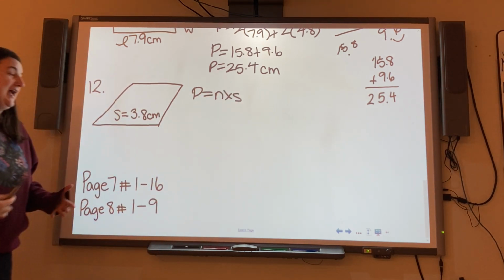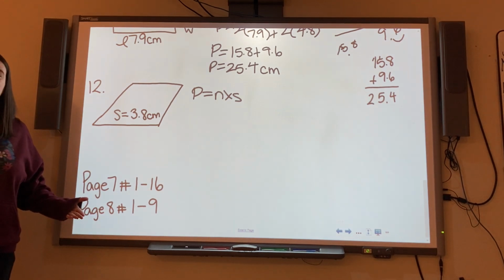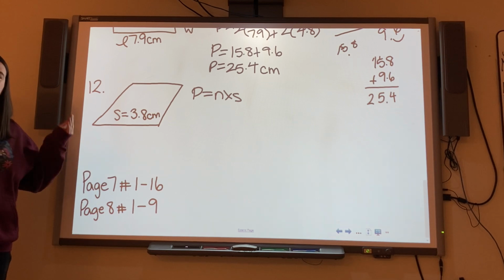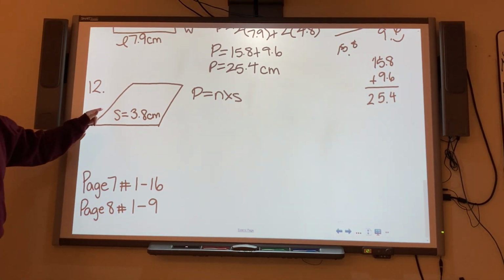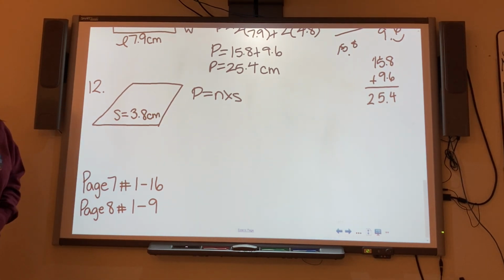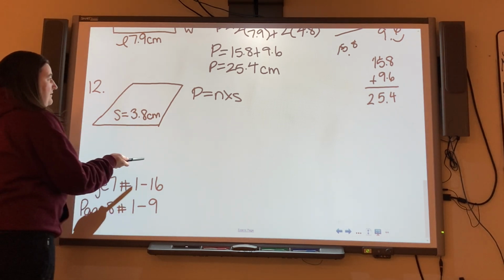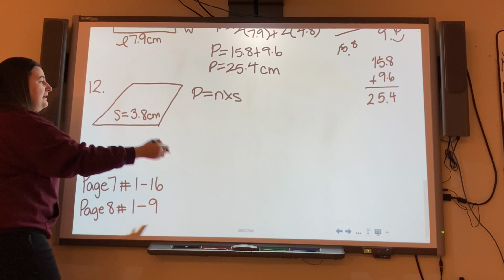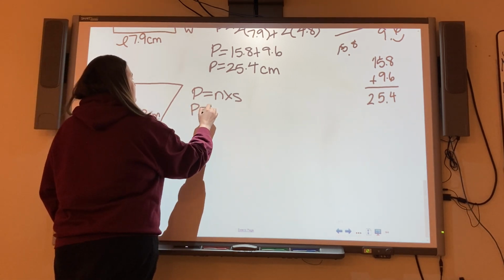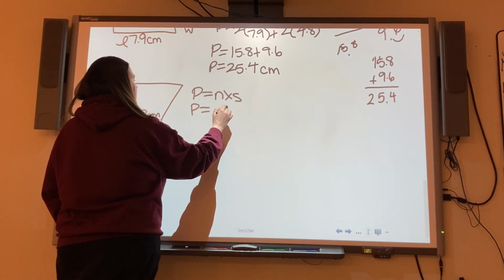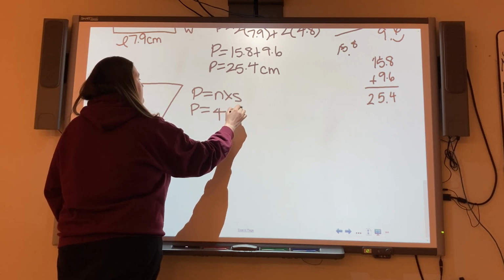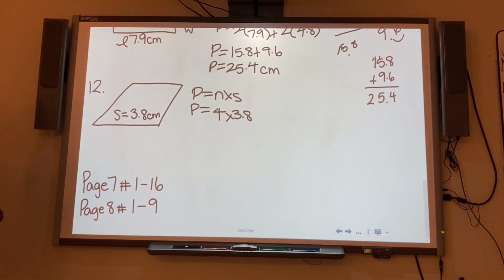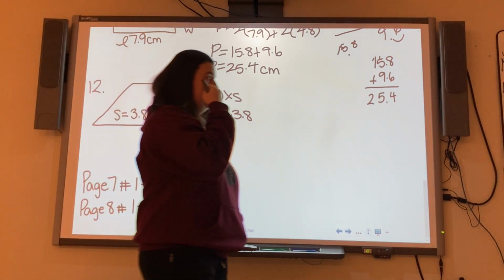Now remember, N is the number of sides, N for number, and S is the length of each side. This one tells me that S is 3.8, and all I have to do is count how many sides this has. 1, 2, 3, 4. So P equals N, which is 4, times 3.8. So 4 sides times 3.8 centimeters.